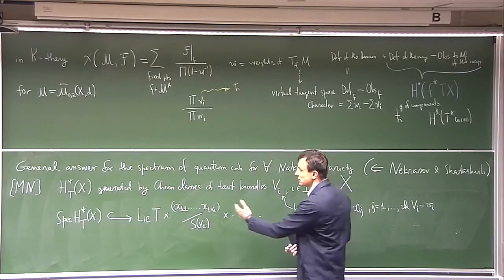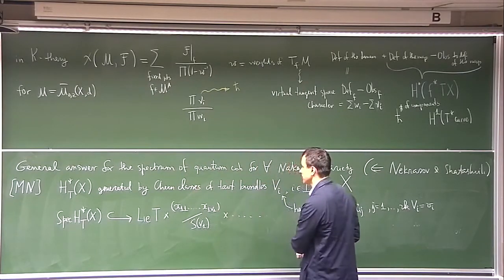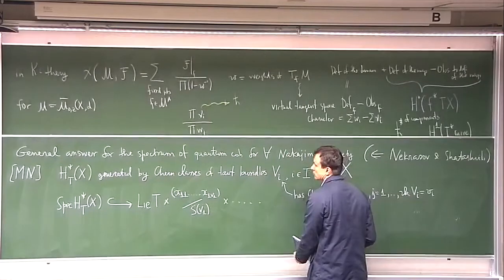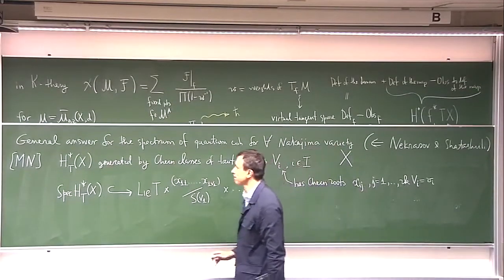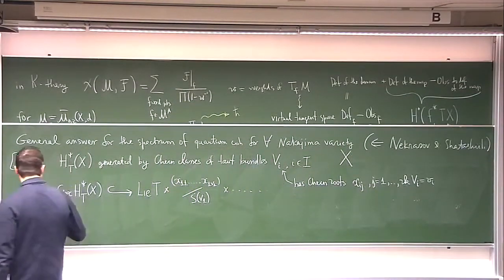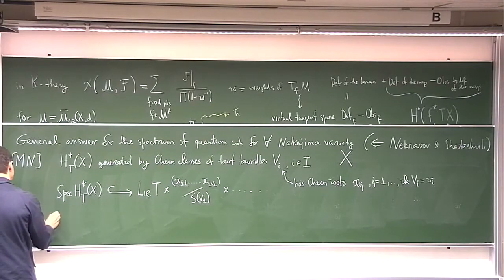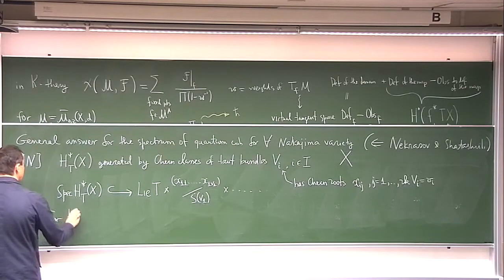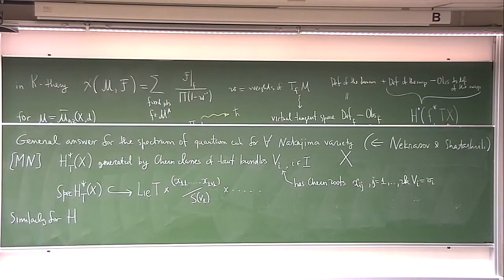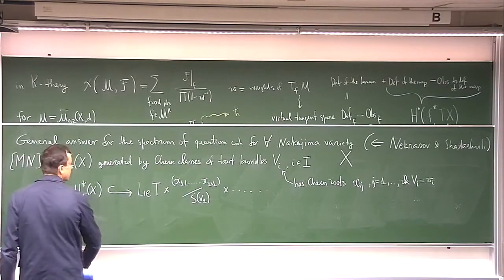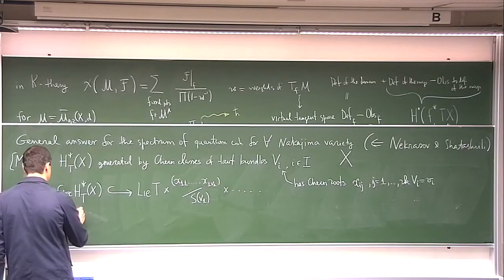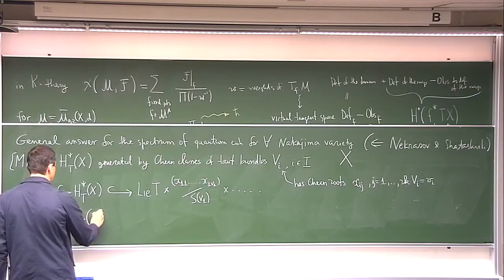This is like for the Grassmannian, you have several such factors. So in particular, and similarly for K-theory, for equivariant K-theory.